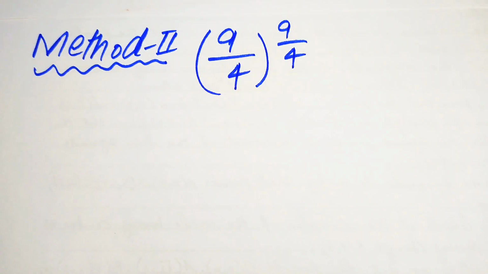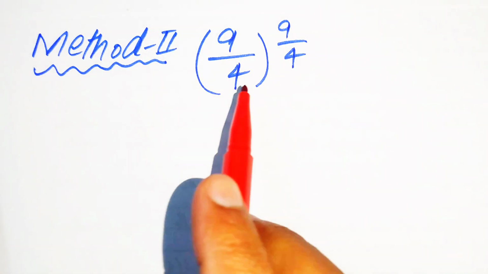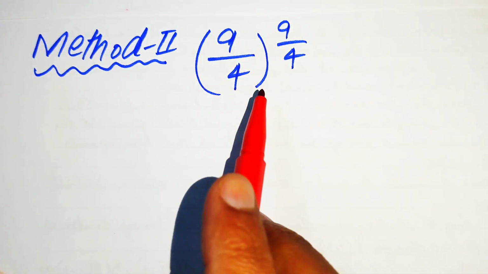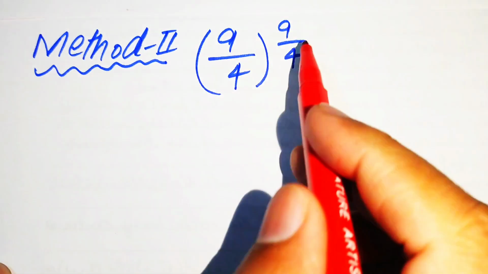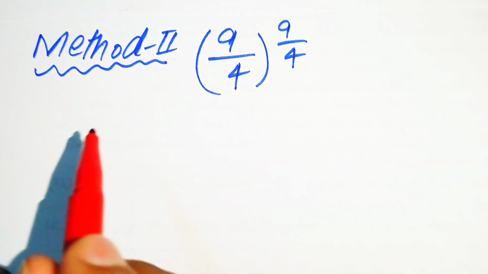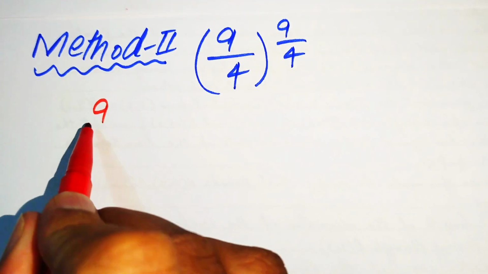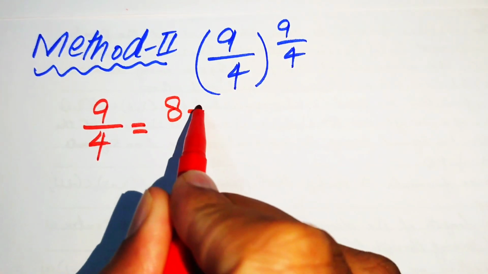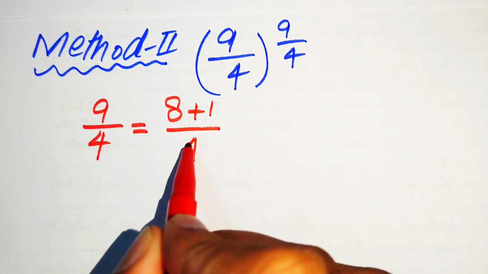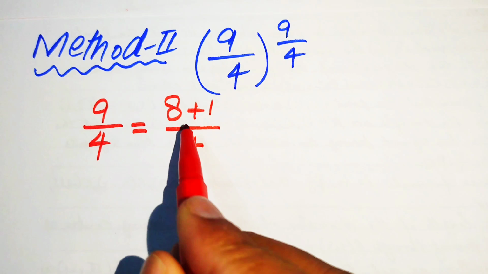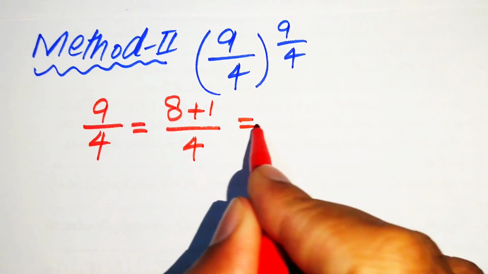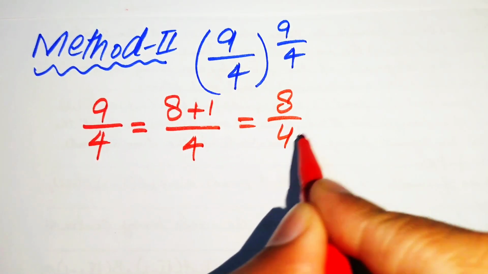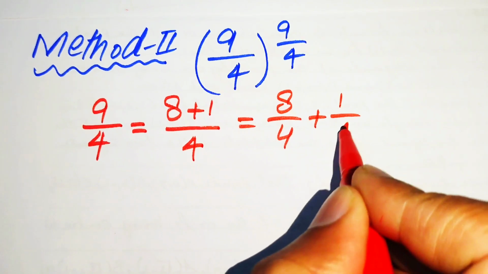Now in the second method, first we copy down the given question statement. It is 9 over 4 to the power of 9 over 4, and we focus on this exponent. Our exponent is 9 over 4, and we write this 9 as 8 plus 1 over 4. If we break this fraction, we write it as 8 over 4 plus 1 over 4.